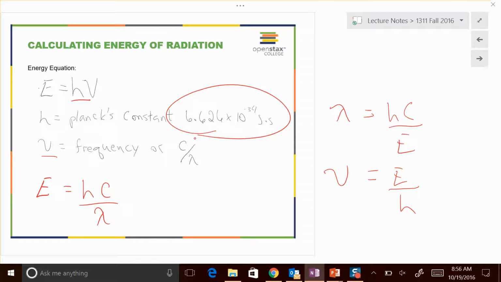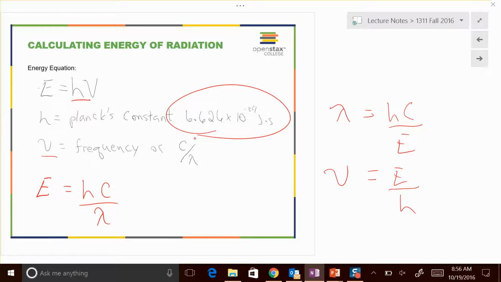So on the top equation over here, this would be the wavelength itself. If you were given the energy and you want to find the wavelength, this is what you would use. If they say this is how much energy is in this wave, what's the wavelength of it?